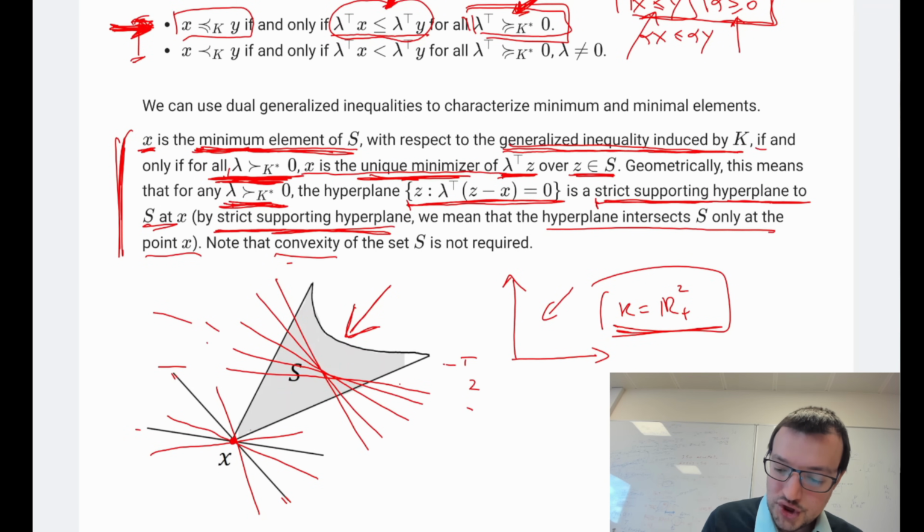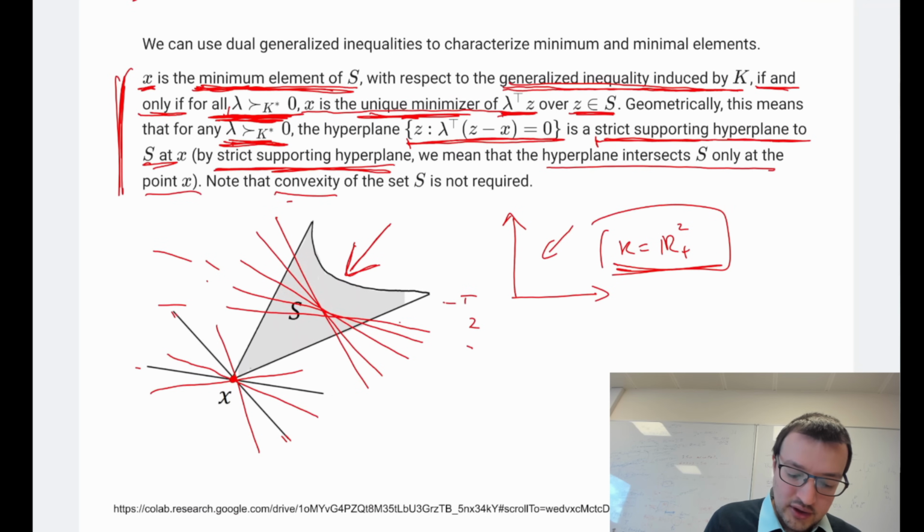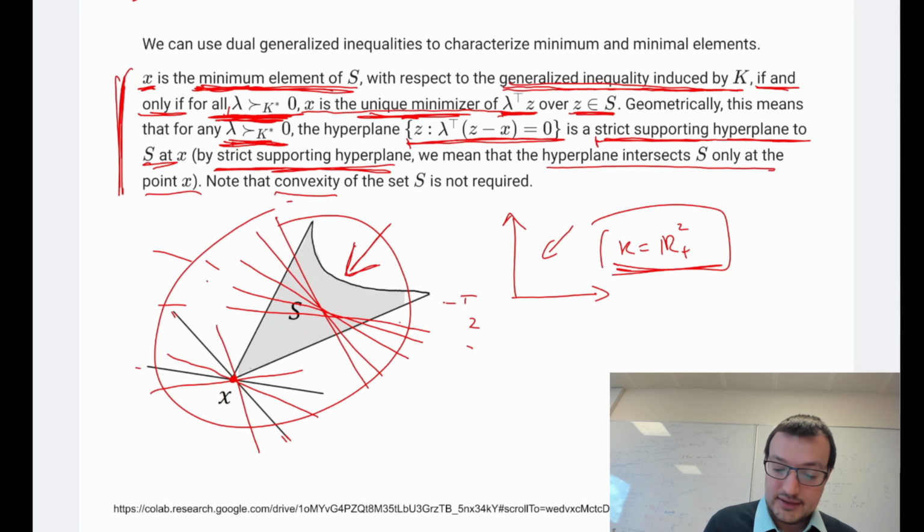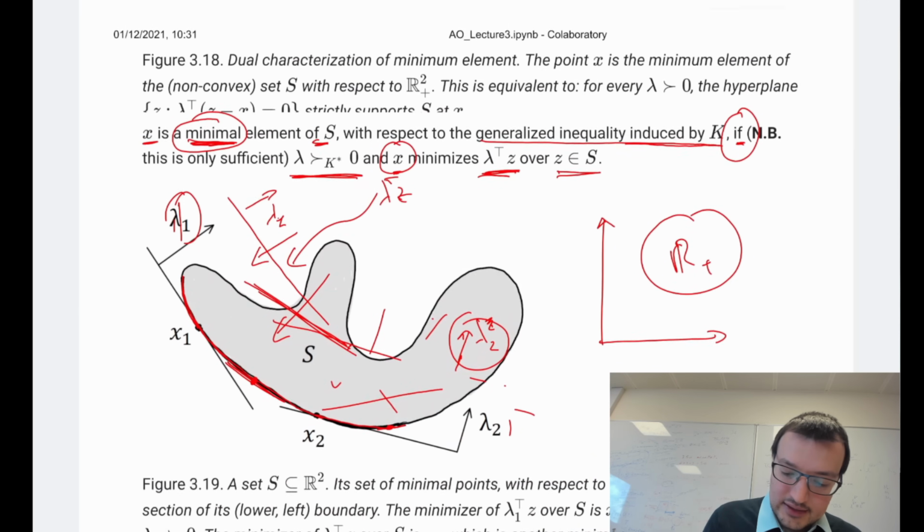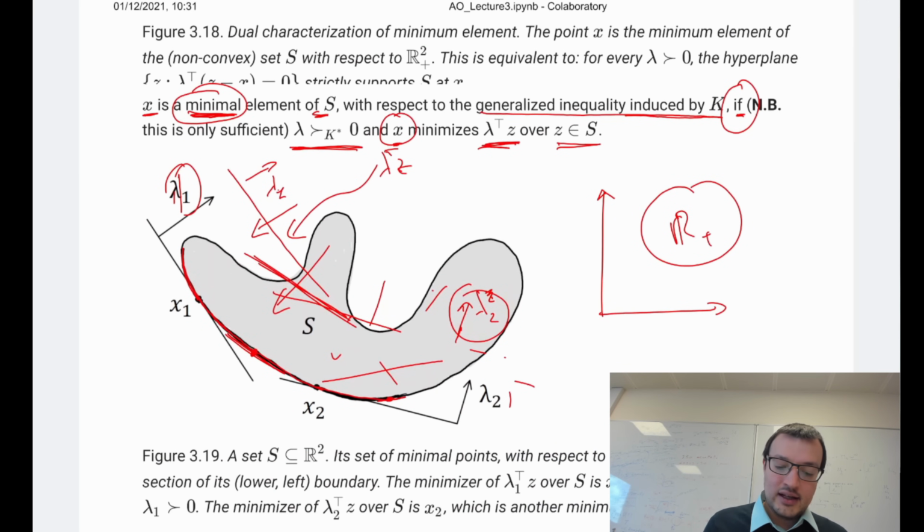In the minimum definition, we have if and only if. So if and only if this is true, then x is a minimum. In this case, this is just sufficient. That means that if you find an x that minimizes lambda transpose z, great, that's going to be a minimal point. But not all minimal points are identifiable in this way, okay?